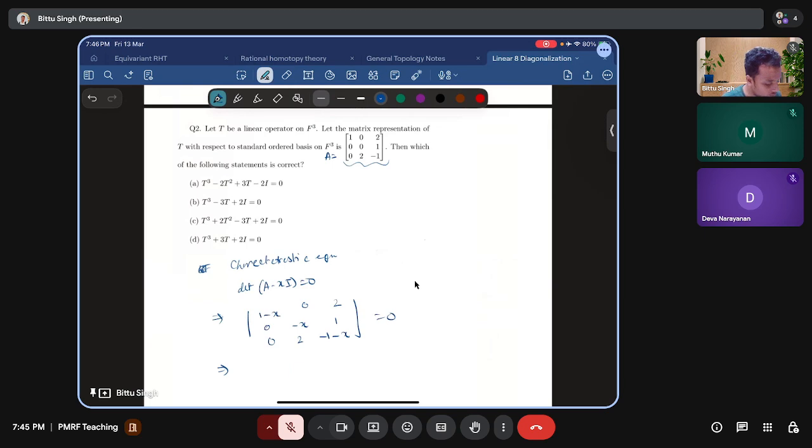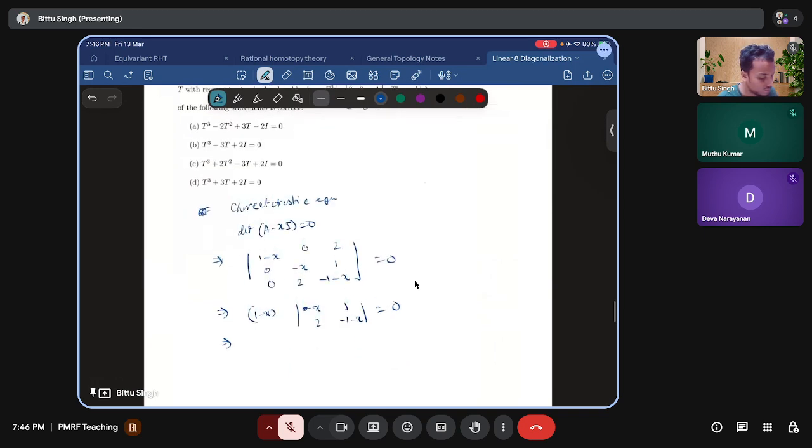From here, what we will get is (1 minus x) times the determinant, which is x squared plus x minus 2, equal to 0. So either x equals 1, or if we calculate this determinant, it is x squared plus x minus 2 equal to 0.